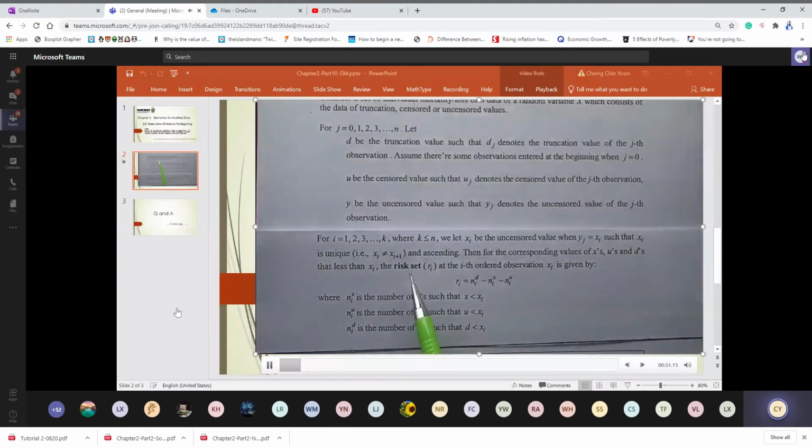So the reset can be calculated at the ith order observation xi, which is given by this formula. This formula is different from the formula we have learned previously.